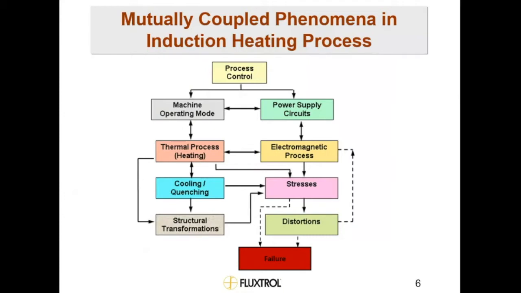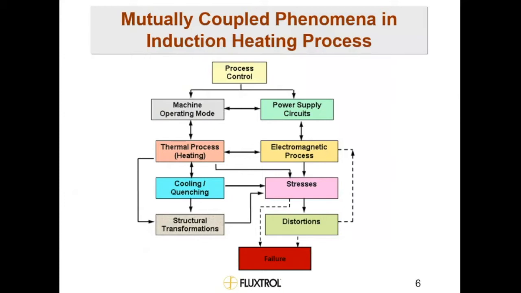So let's look at what the mutually coupled phenomena are in an induction heating process. This is what occurs just within the induction cell. We aren't talking about what's occurring before it, and we aren't talking about what occurs after. What we're looking at is what occurs within the induction heat treating cell.